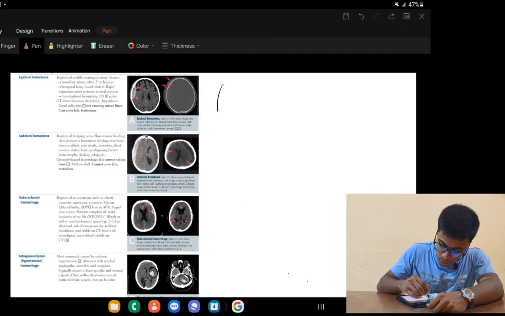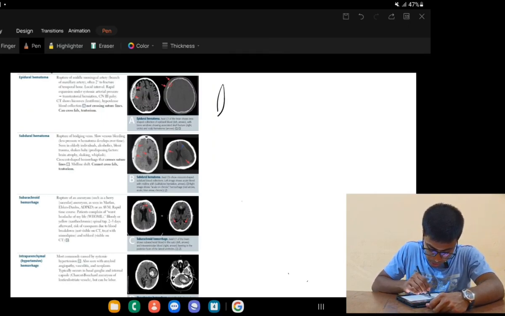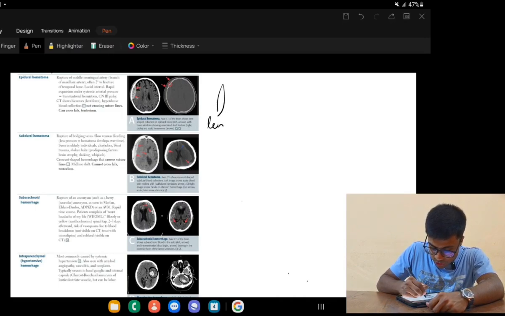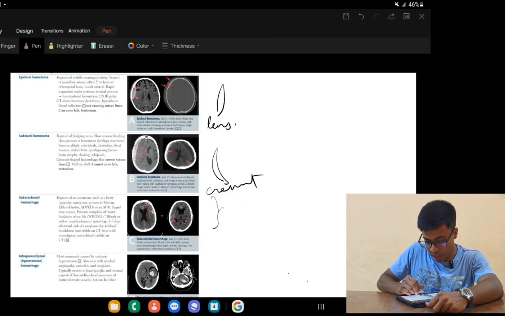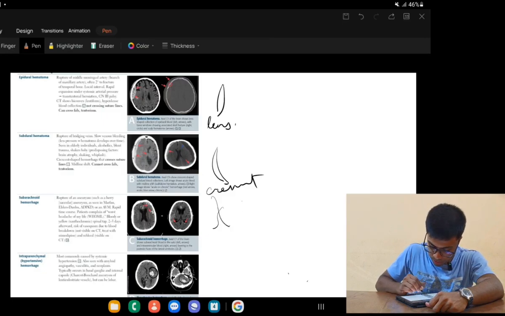In epidural hematoma, the axial brain shows a lens shape, with a skull fracture on the right side here. Then in subdural we see a moon or crescent. In subarachnoid we see lambdas in between the brain parenchyma, so it is a subarachnoid hemorrhage.